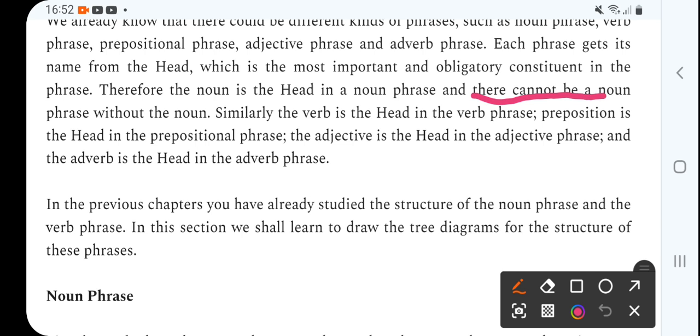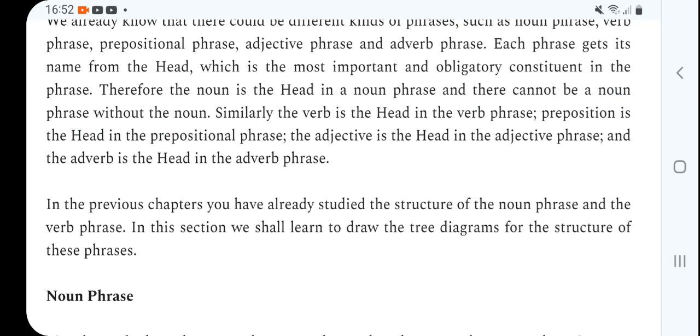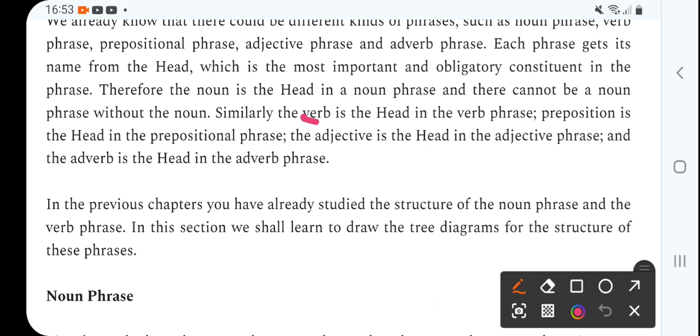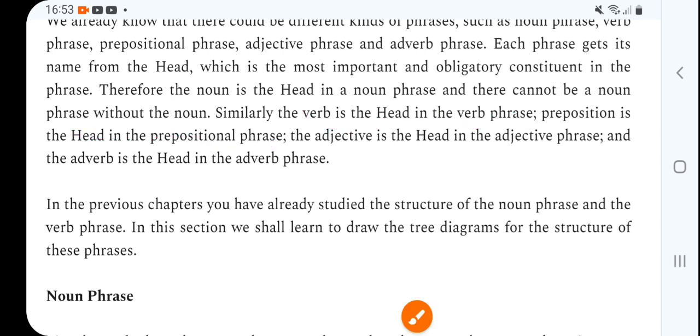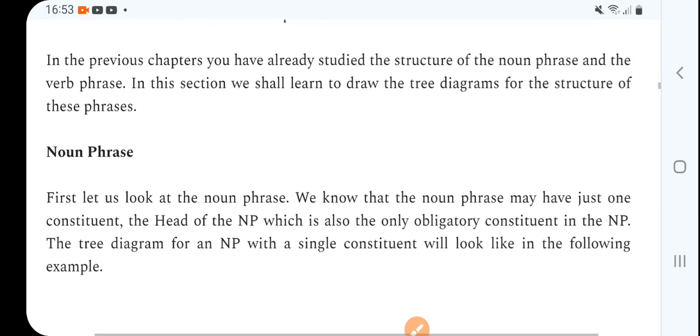Similarly, the verb is the head in the verb phrase. Very important. Preposition is the head of a prepositional phrase, and so on. Adjective is the head in the adjective phrase, and adverb is the head in the adverbial phrase.